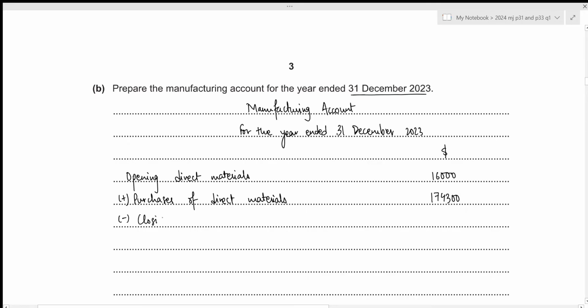So closing direct materials. That was 21,400. Now if we add it up, we will get the cost of direct materials consumed.